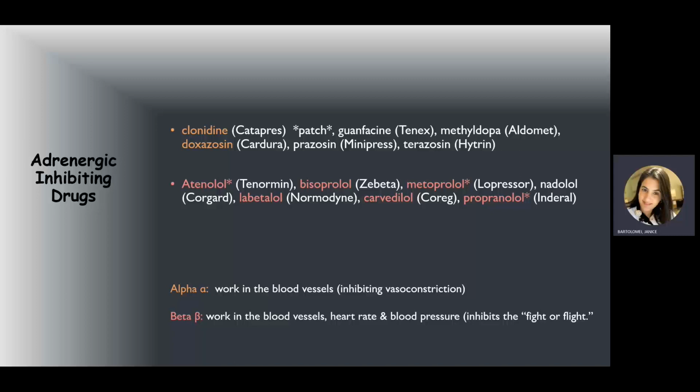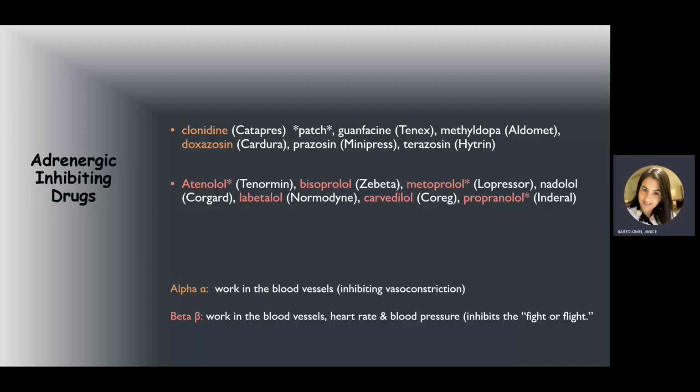However, if we inhibit the blood vessel from constricting, we have a little bit more open vessel, and the force that we're pumping against it will be lower, therefore lowering blood pressure.